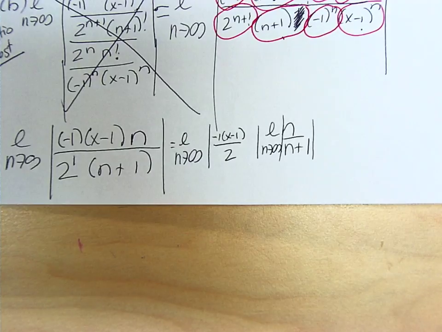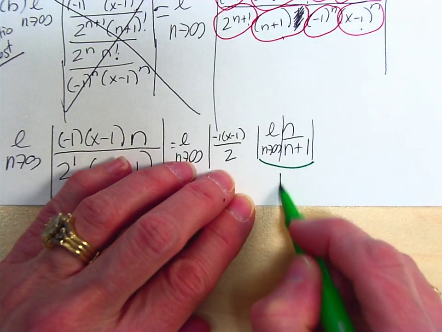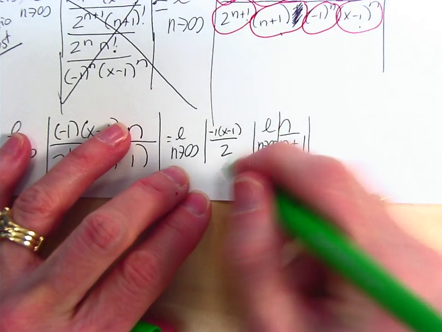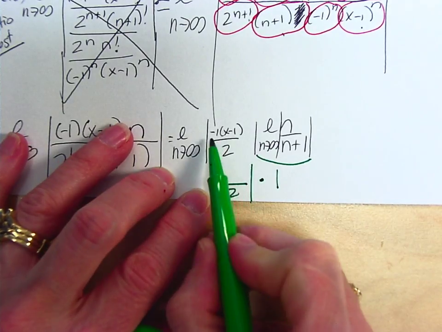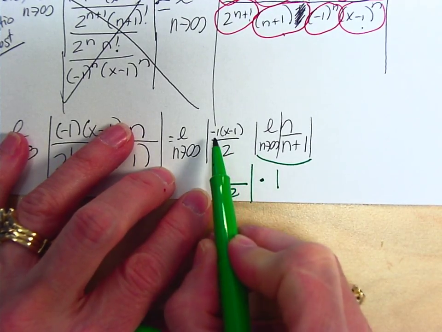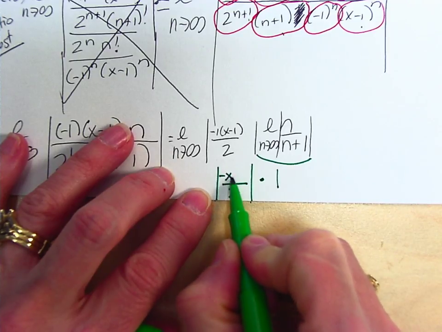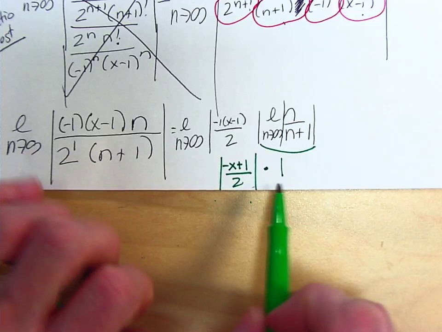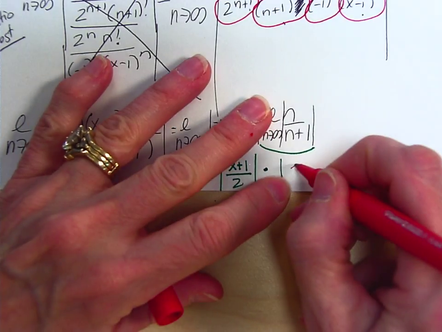We should have done enough of these before to know that this goes to 1. We're going to be multiplying that by, now I am going to distribute this negative term here, so this becomes minus x plus 1. And this times 1 has to be less than 1 to converge.